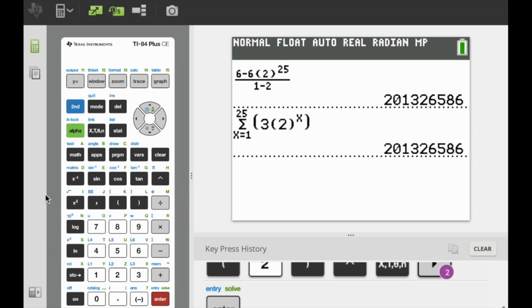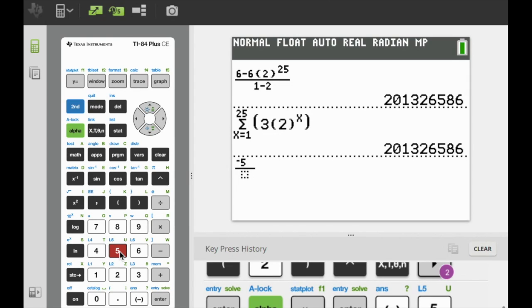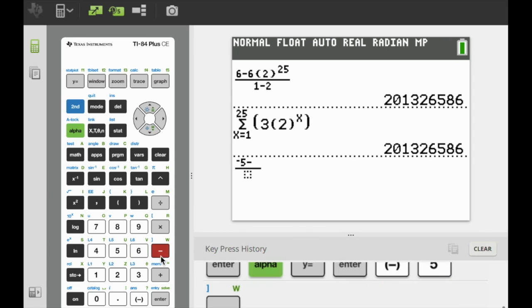Okay, so I'm going to type in example 1. So again, alpha y equals for my fancy fraction. And then, of course, make sure you're typing in the negative symbol, -5, and then subtract -5. So you could write plus, or you can just type it in exactly as you see it.